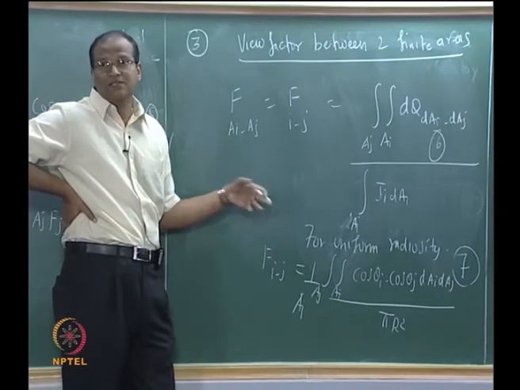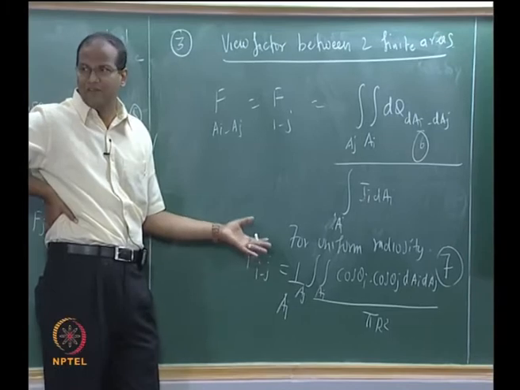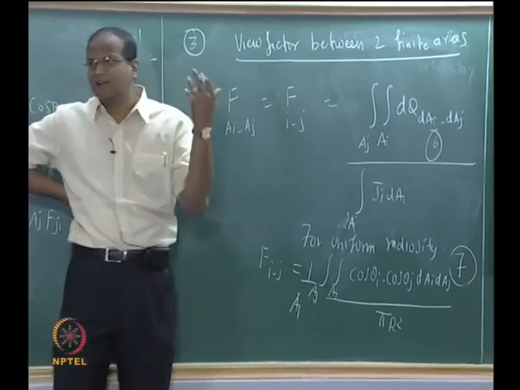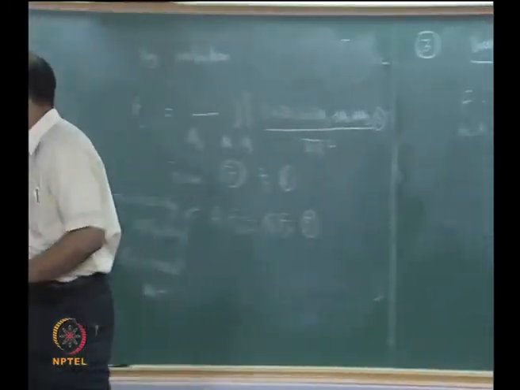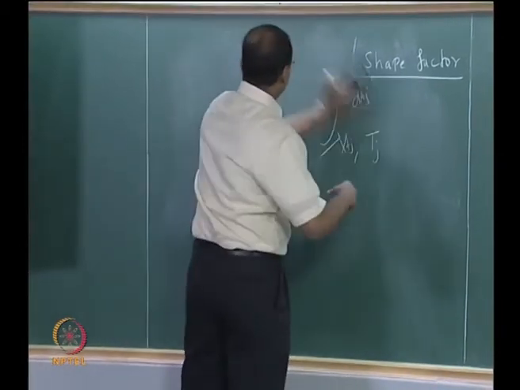But since this could be very messy, and could involve a lot of computational time and effort, can we simplify for simple surfaces, simple enclosures? Can we get better than this without taking recourse to this? Can we get view factors? Yes, there are ways of getting this. So that is a very interesting field called view factor algebra.